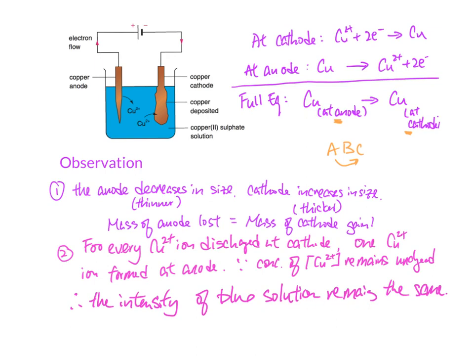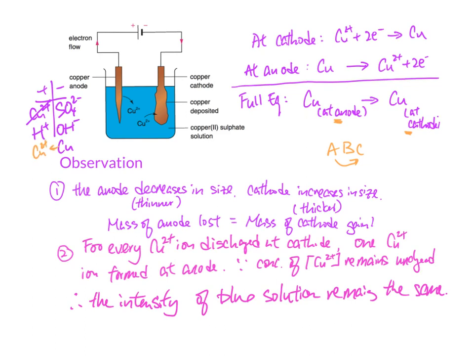One more thing I just want to remind you about is the changes in the electrolyte. You can have a look at this. Right here you find that Cu2+ keeps discharging, but for the copper anode, they keep producing new Cu2+ here.